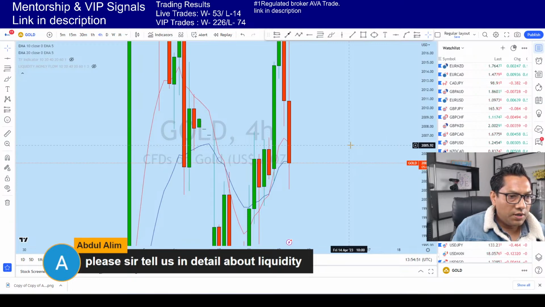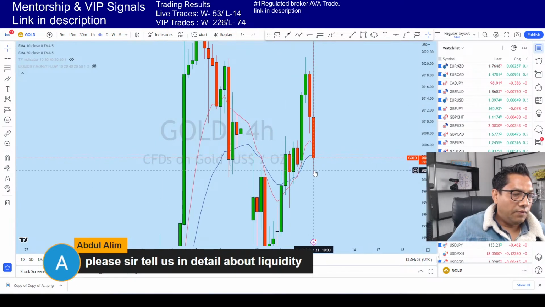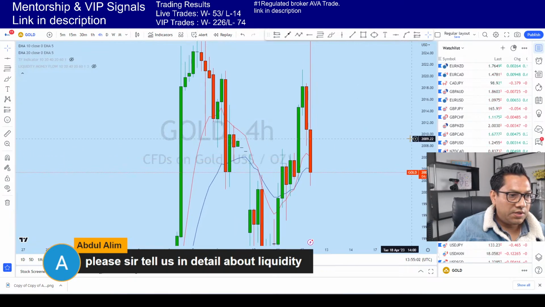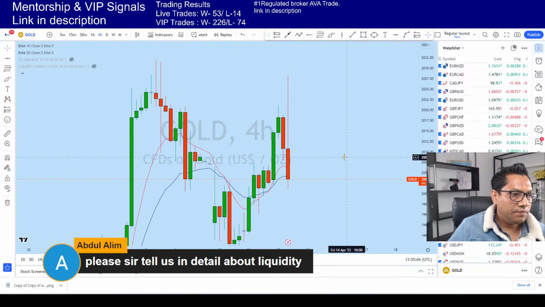Now this 4-hour candle is super important because you can see it's now pushing to the upside. If this is a manipulation, looks like that, that will be the massive move to the upside again.